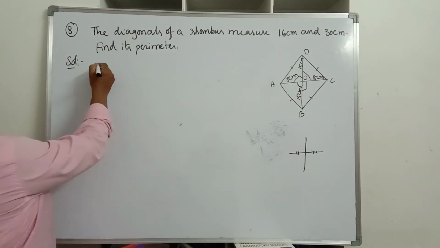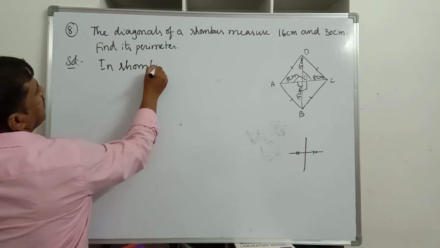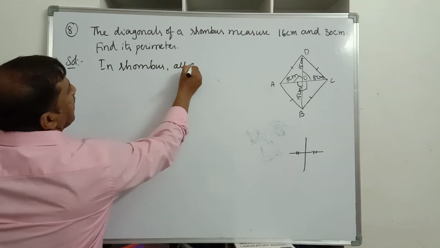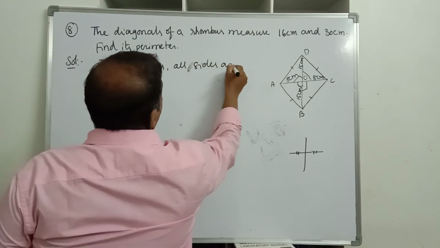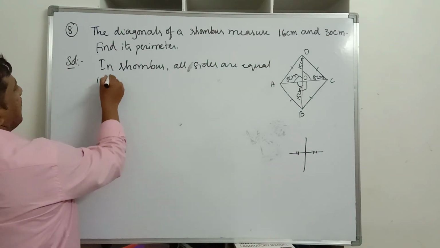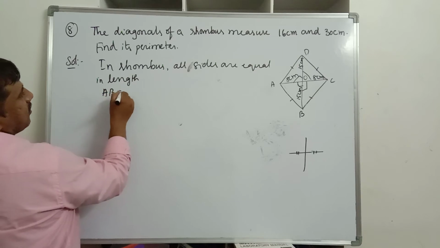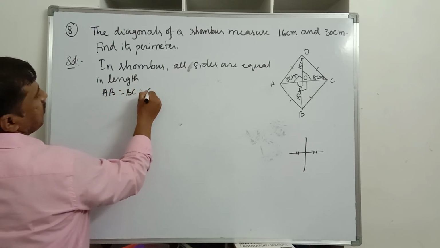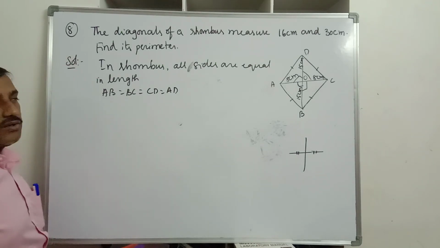So write, in a rhombus, all sides are equal. All sides are equal in length. That is, AB is equal to BC is equal to CD is equal to AD.